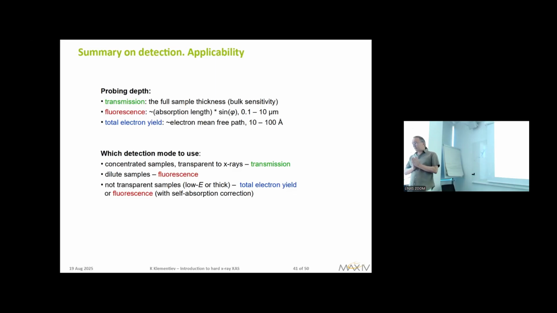The second reason is that all soft X-ray beamlines are basically surface science beamlines, so you want to be surface sensitive, and therefore you select this registration, total electron yield. For hard X-rays, we are most frequently interested in bulk structure, and so we use fluorescence. Also, the quantum yield there is high.